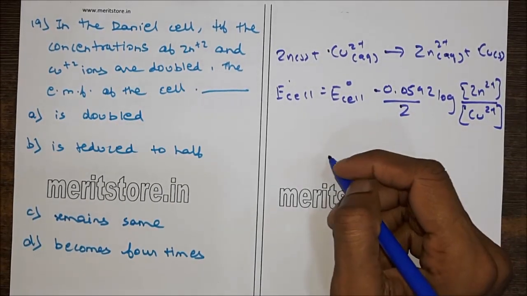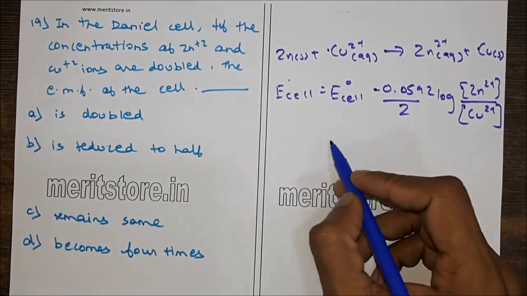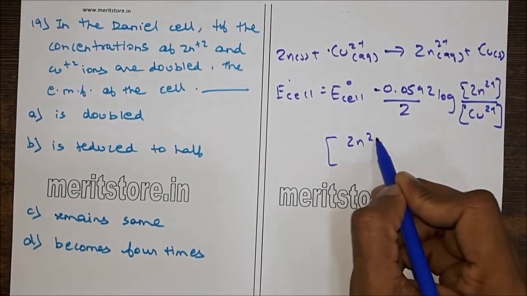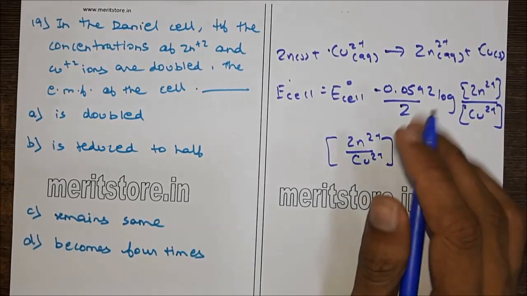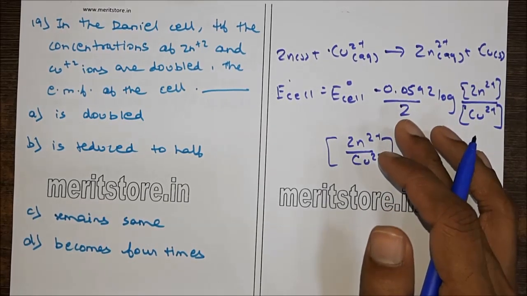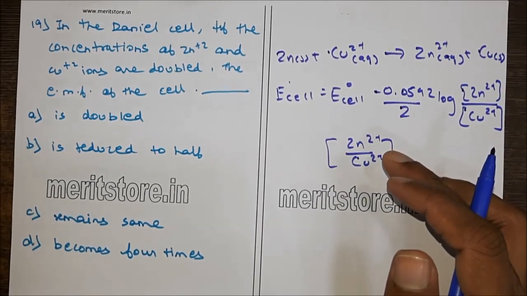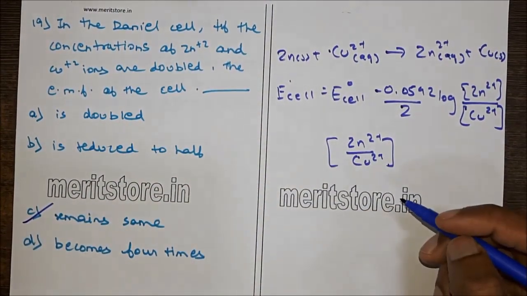When both the concentrations of Zn²⁺ and Cu²⁺ are doubled, the ratio of Zn²⁺ to Cu²⁺ remains unaltered. The EMF of the cell is constant. Therefore, option C, that is, it remains the same, is the correct answer.